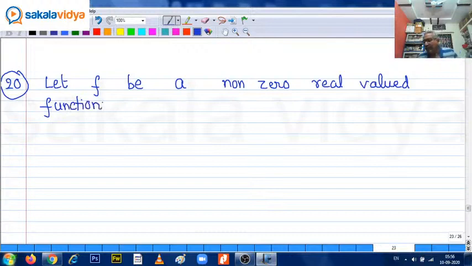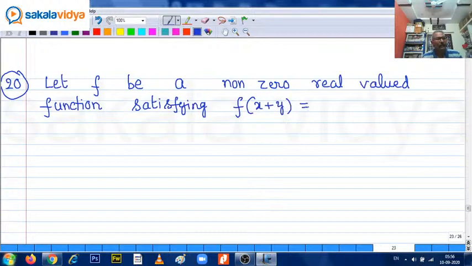Non-zero real valued function means that is a power series, always positive only. The function satisfying f of x plus y equals f of x times f of y.